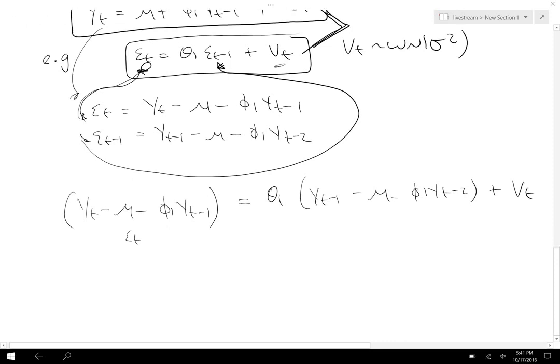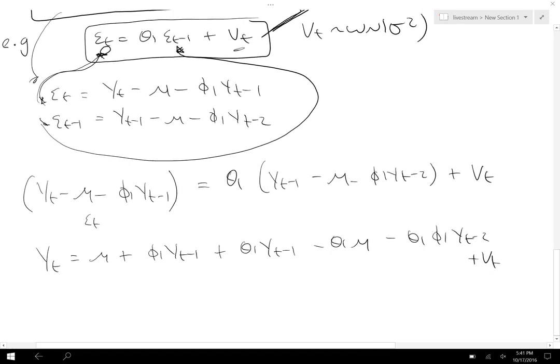And then just rearrange. We want to get y_t on the left, so we take mu and phi_1 y_{t-1} to the right hand side. Then we get plus theta_1 y_{t-1} minus theta_1 mu minus, and so on, theta_1 phi_1 y_{t-2}.